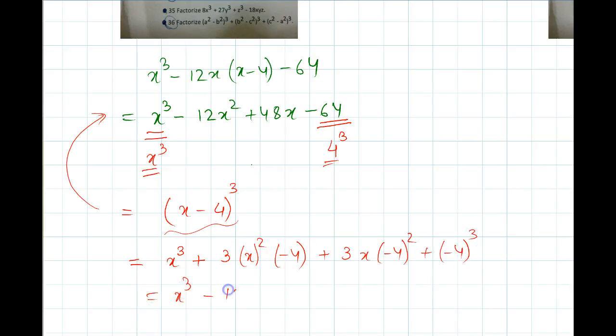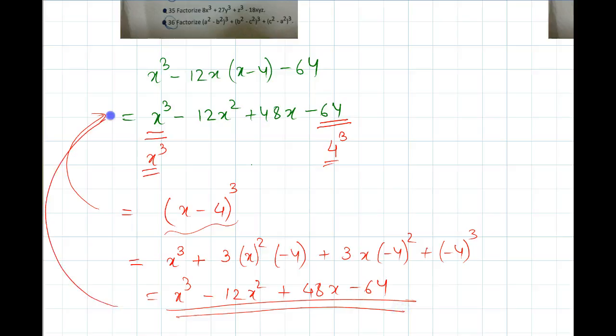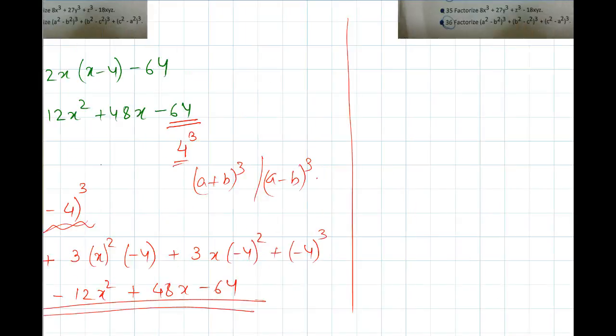X cube minus 12x square plus 48x minus 64, right? This is what it is. So as soon as you see two cubes, either a plus b whole cube or a minus b whole cube should start flashing in your mind. Fair enough, and then you can do the reverse engineering bit.